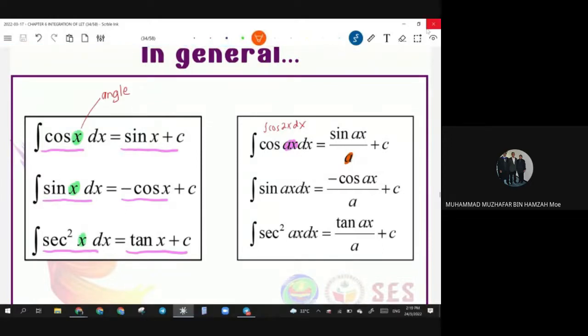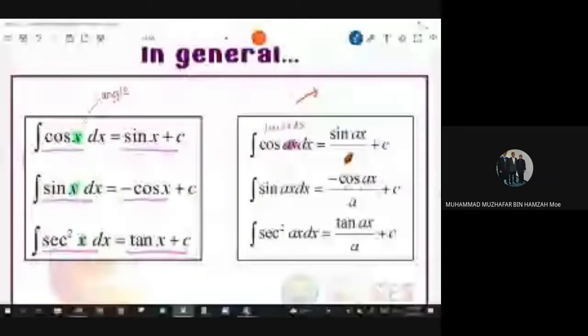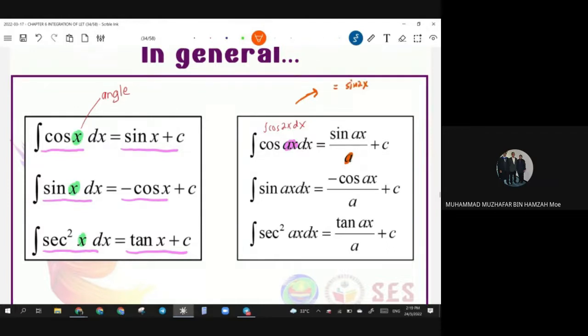As an example, when we integrate cos 2x, we should obtain sin 2x over 2.